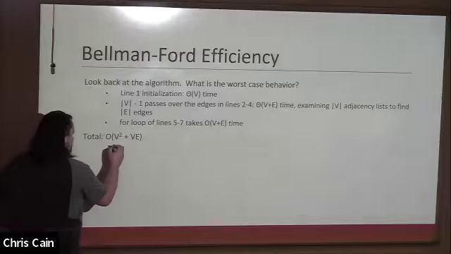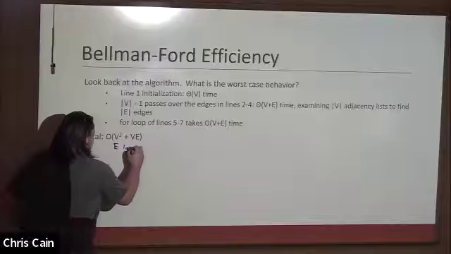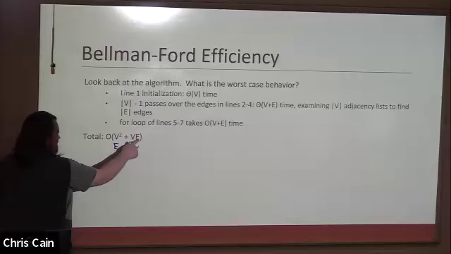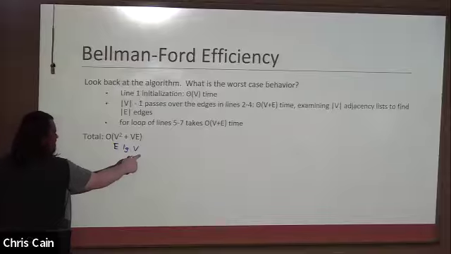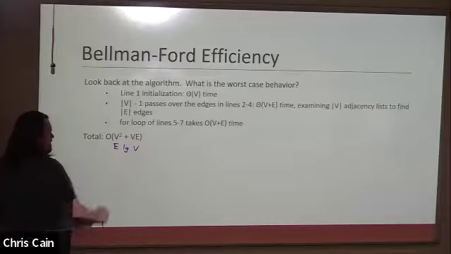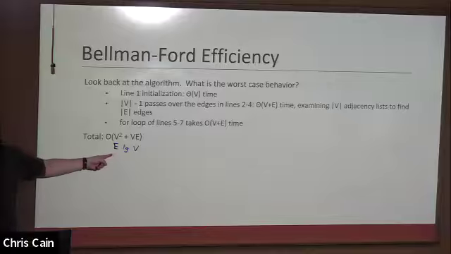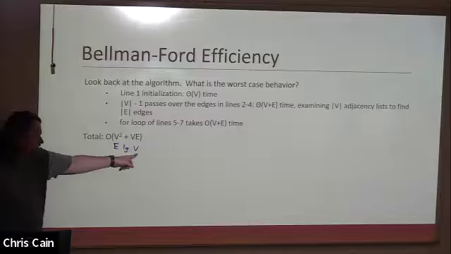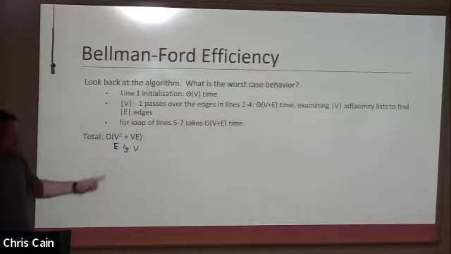If we're comparing this to V log V, then whenever this is minimized, then this is V squared, and this would be V log V. V log V is better than V squared in a sparse graph, and in a dense graph, here we have cubic, here we have quadratic log V. And that's better, so Dijkstra's will always, for both sparse and dense graphs, perform better.